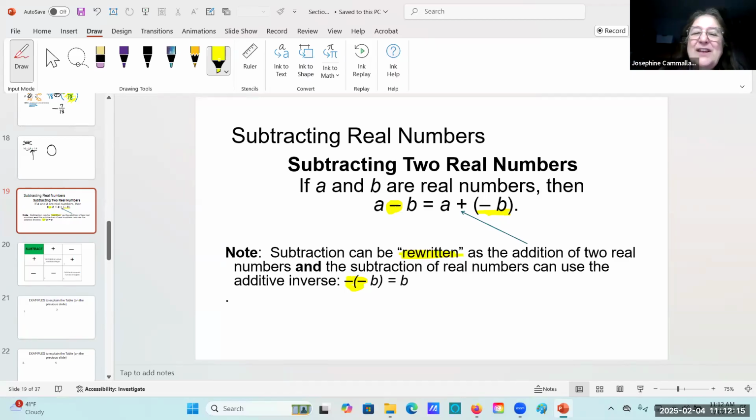You're adding a negative number. That's why when we talk about the rules of signs for addition, subtraction is understood because the signs are telling us.